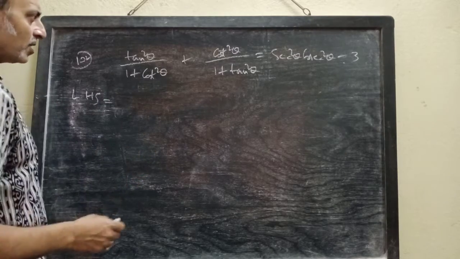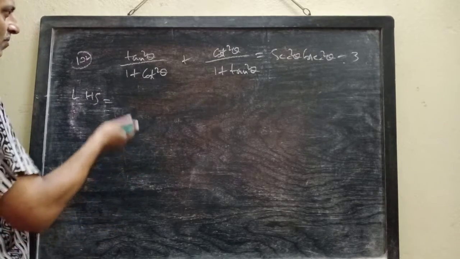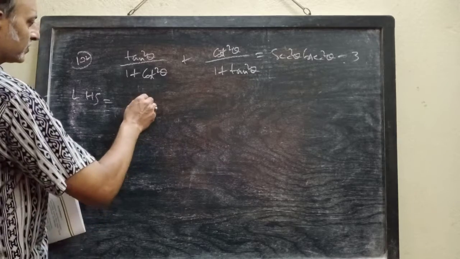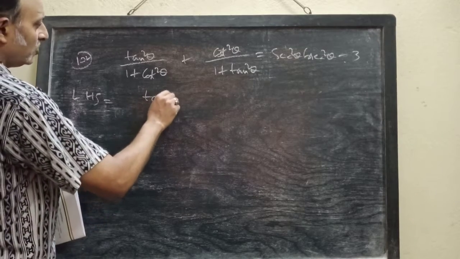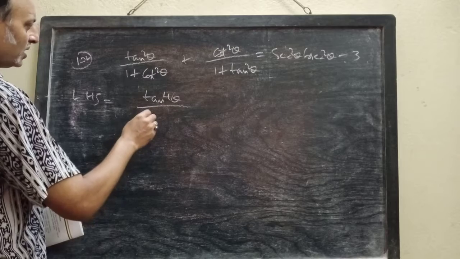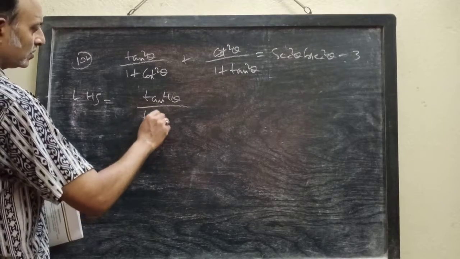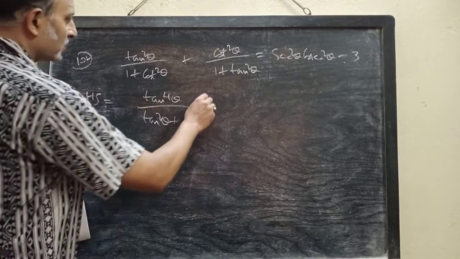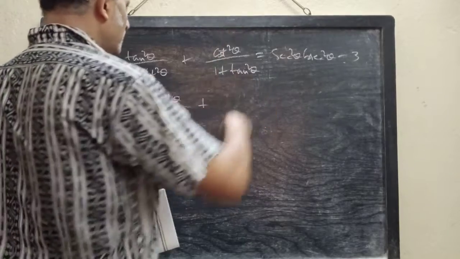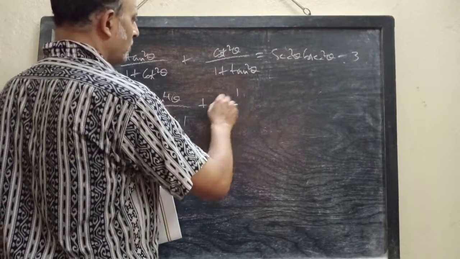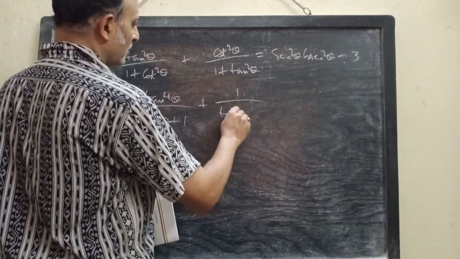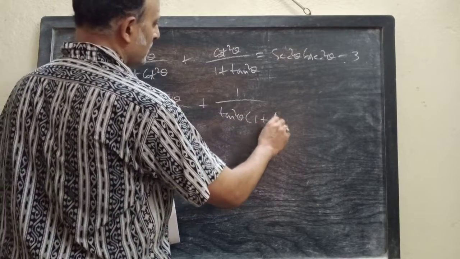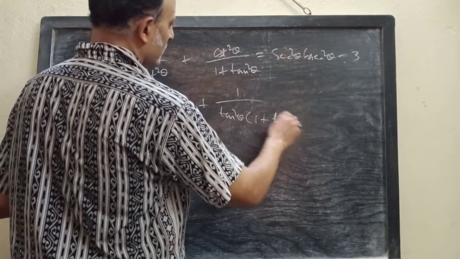To make the denominator 1 plus tan square theta, I am multiplying both n and d by tan square theta. So here in the numerator it becomes tan to the power 4 theta, and this becomes tan square theta plus 1. Multiply this by tan square theta, you get 1 by tan square theta into 1 plus tan square theta.